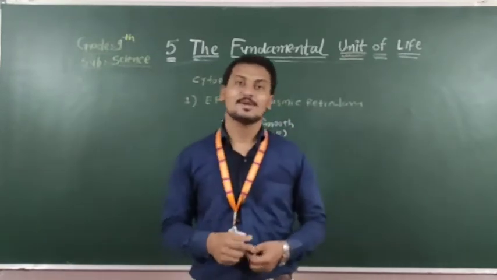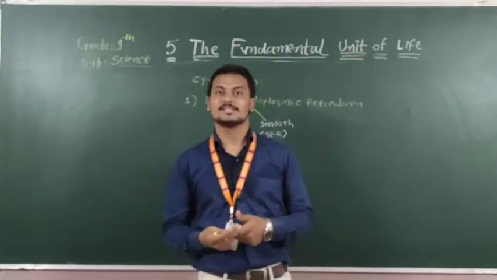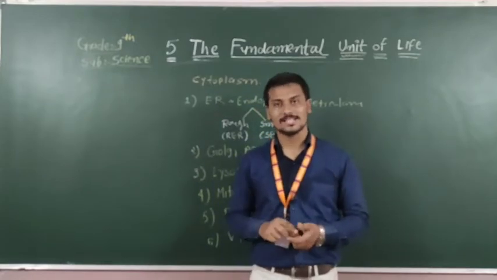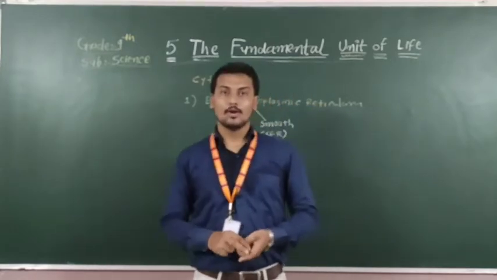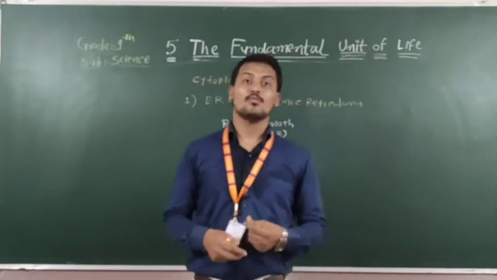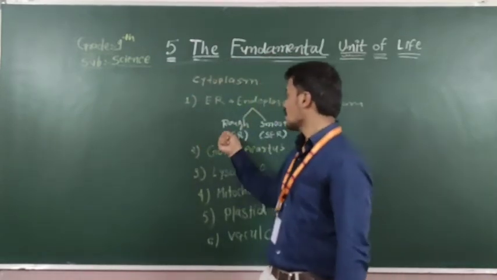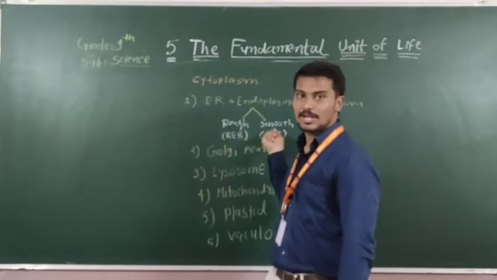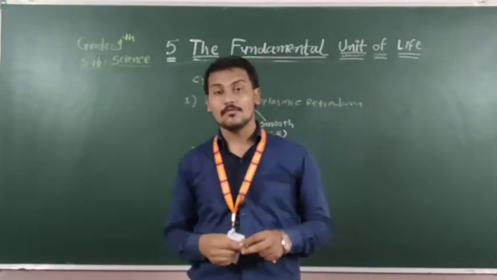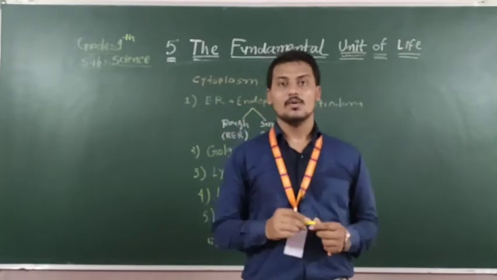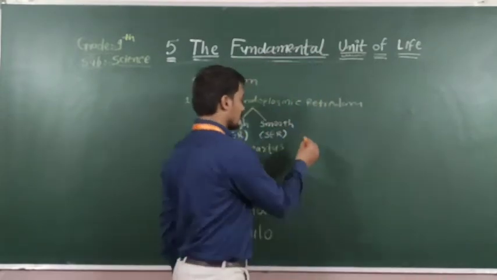What is the endoplasmic reticulum? It has two types, rough endoplasmic reticulum and smooth endoplasmic reticulum, which can manufacture things. The rough endoplasmic reticulum has some ribosomes on it.